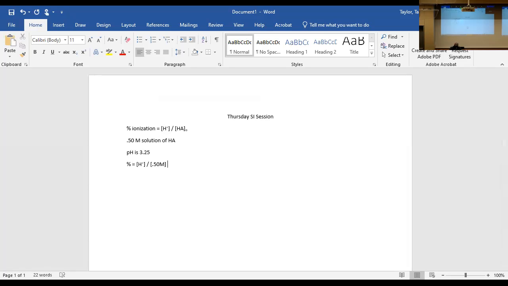Then we need to find the hydrogen ion concentration, and the way we do that is we look at the pH. Last week we were going from the hydrogen ion concentration to the pH, and the way we did that was we took the negative log of the concentration. So pH is equal to the negative log of your hydrogen ion concentration.